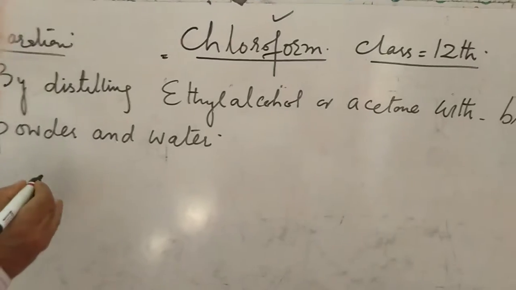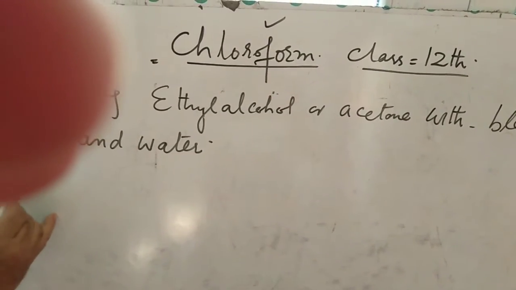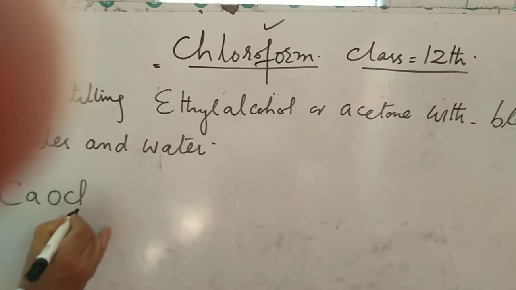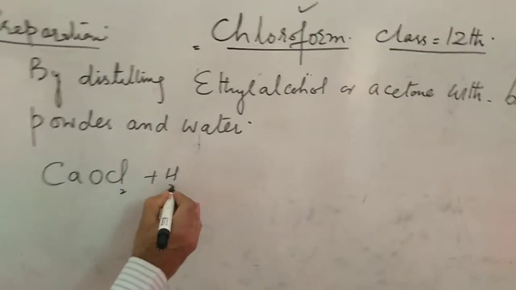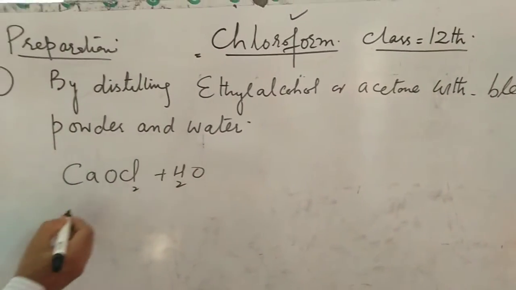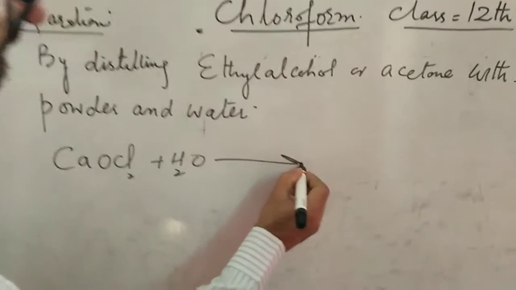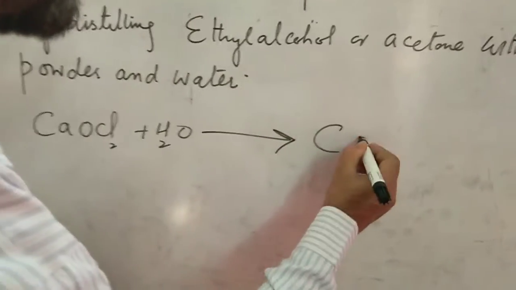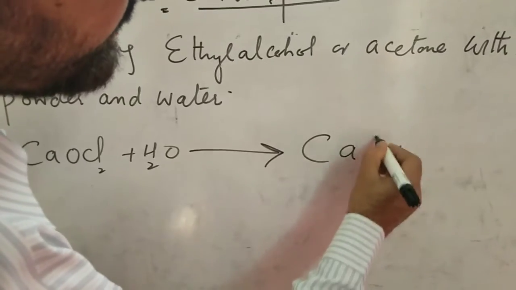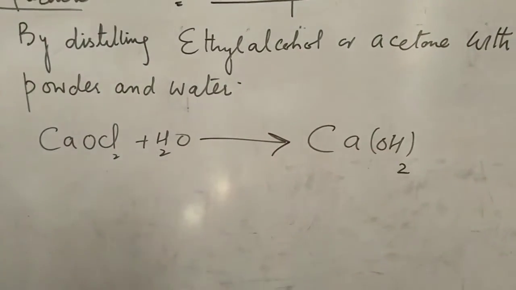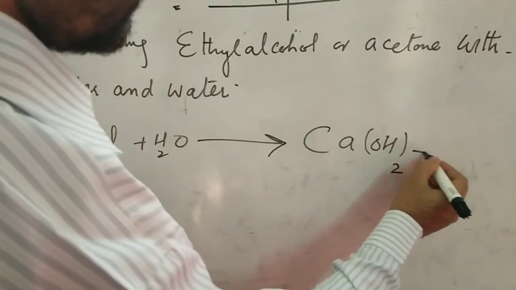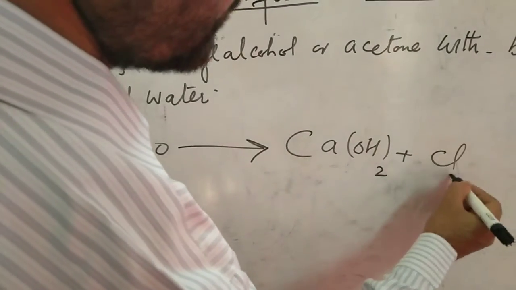So bleaching powder, CaOCl2, plus H2O gives calcium hydroxide, Ca(OH)2, plus Cl2 gas, chlorine gas.